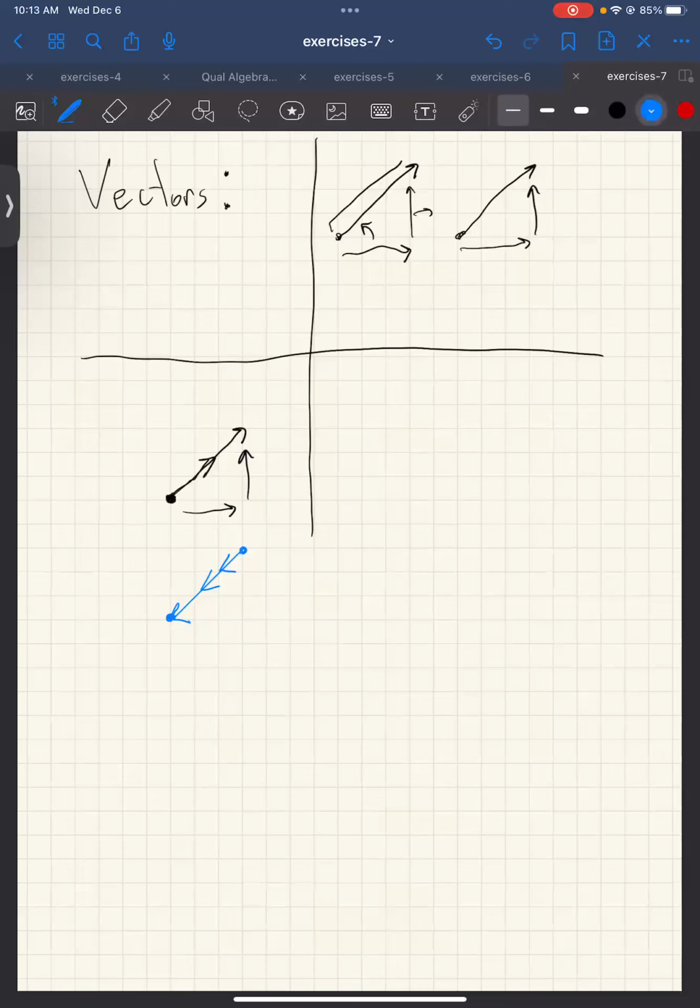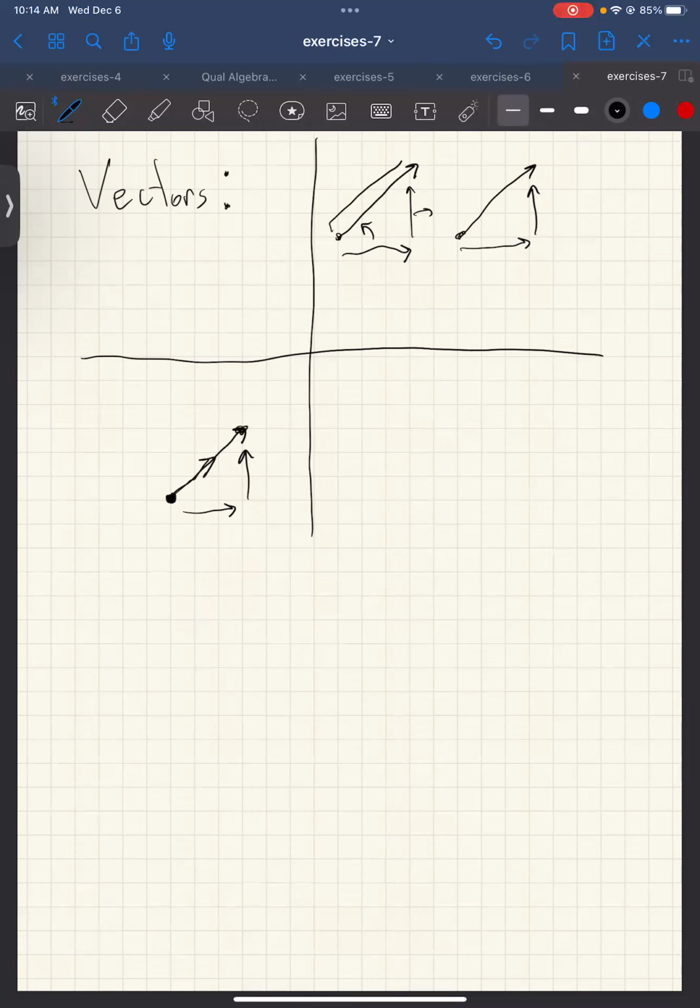These would be different vectors because the direction is different. So even though I may have a line going from one point to the other, it's important to know which point we start at and which point we end at.